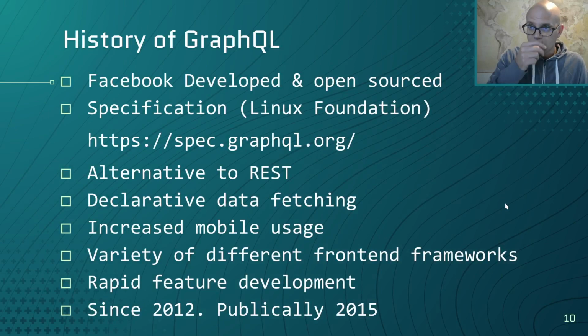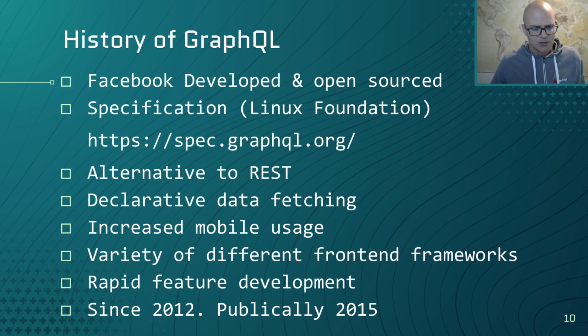Before we do that, a quick history of GraphQL. Facebook developed it initially and then open sourced it. It's now hosted under the Linux Foundation as a specification. It's been positioned as an alternative to REST, even though you can use them together. It does declarative data fetching. And Facebook specifically started doing this when they saw an increase of mobile usage.